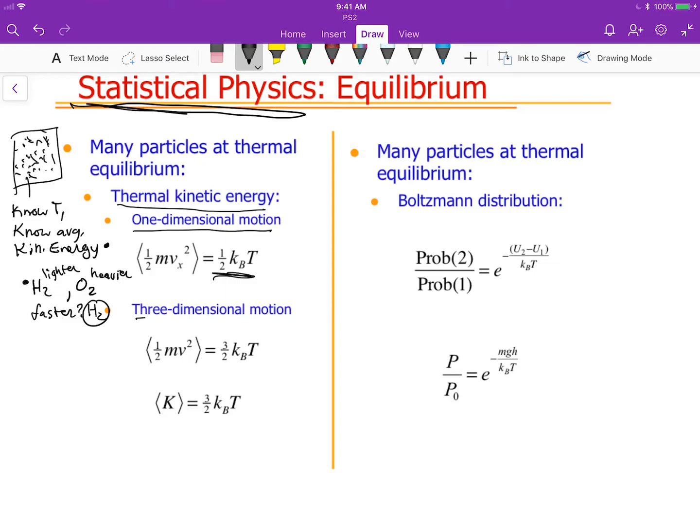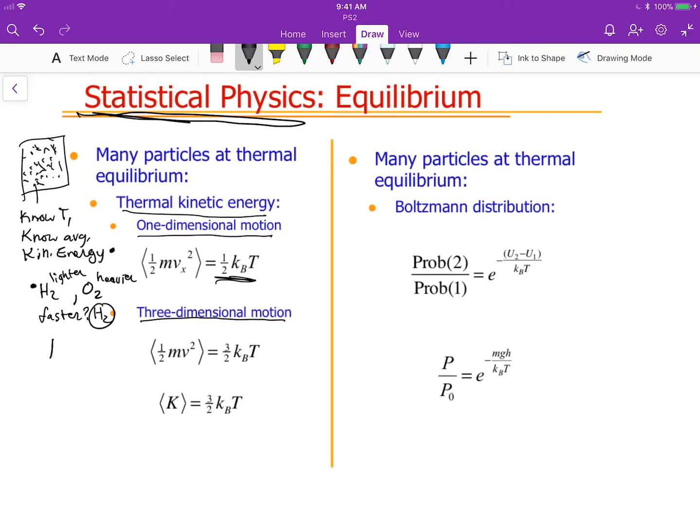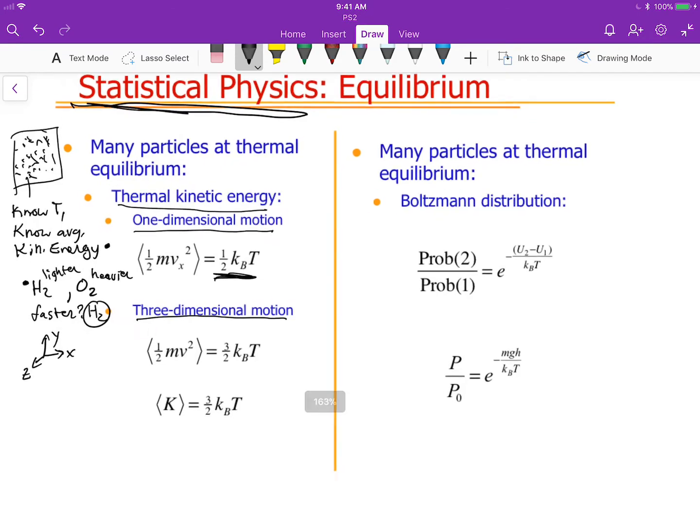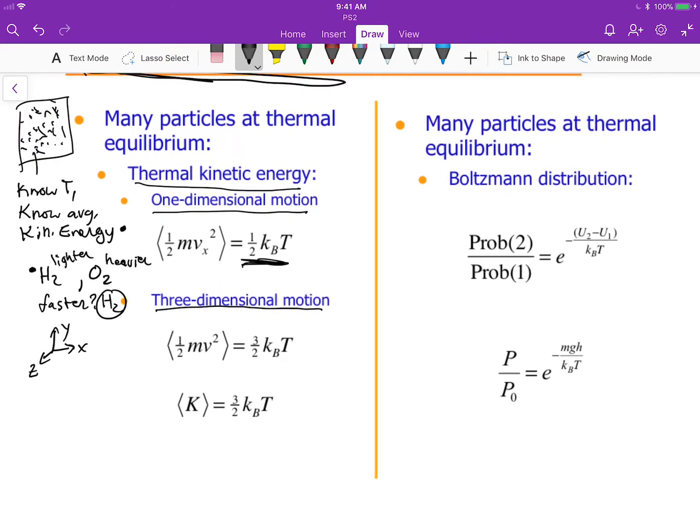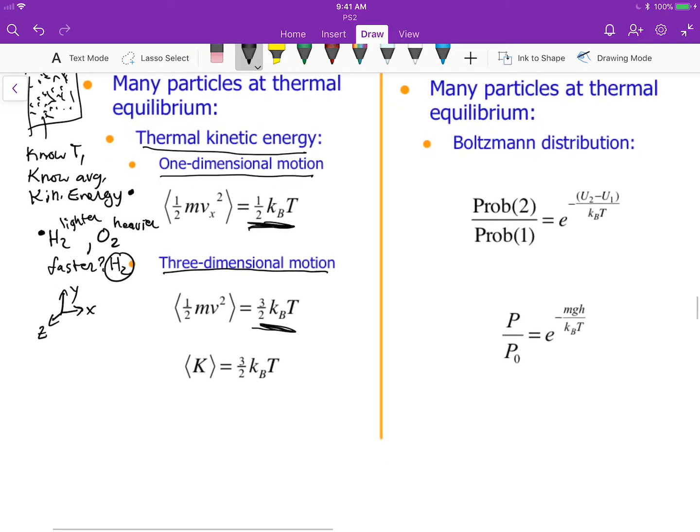Now, in 3 dimensions, we have that the average kinetic energy is 3/2 kBT, and that's because in each dimension, x, y, and z, we have 1/2 kBT. So we have one of those for each of these dimensions, and just adding those up, you add up the energy in each dimension, and we get 3/2 kBT average kinetic energy.